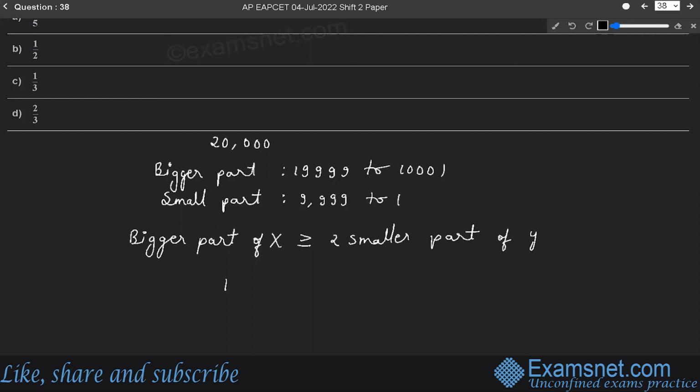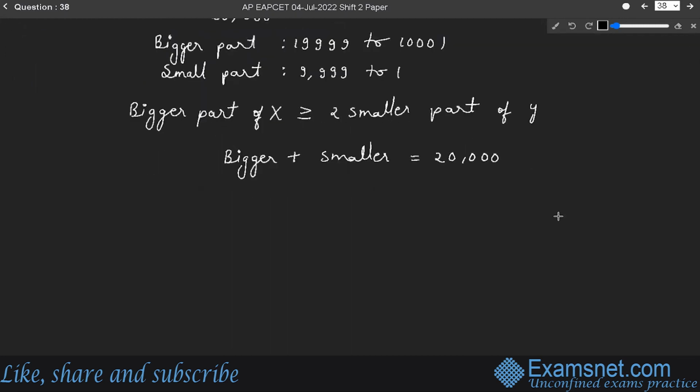Also, we know that bigger plus smaller, both parts, are equal to 20,000 because the total amount is 20,000 here. Therefore, on adding both these values, means on adding bigger plus bigger by 2, see, the probability is that Y can get less also.